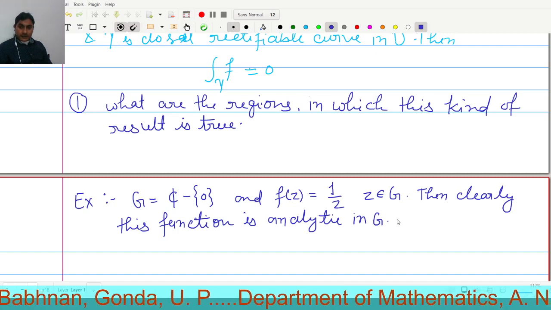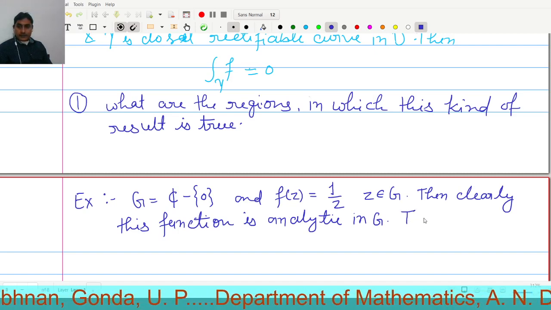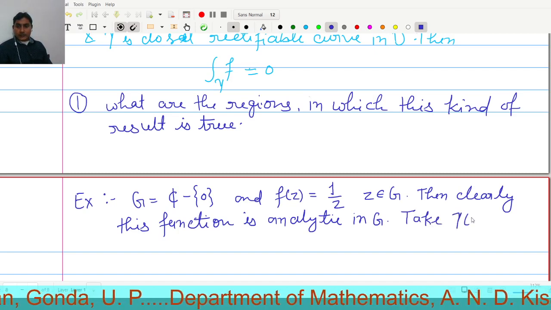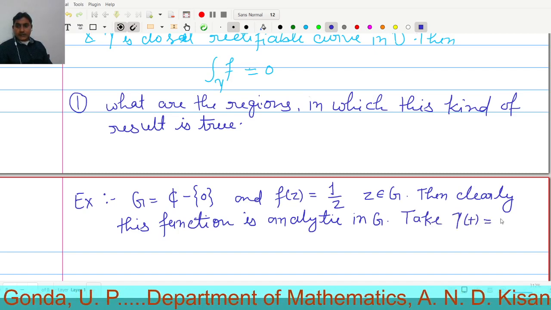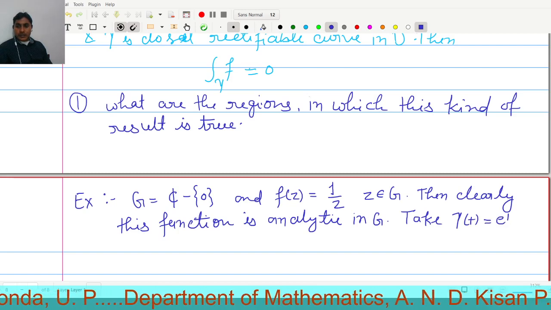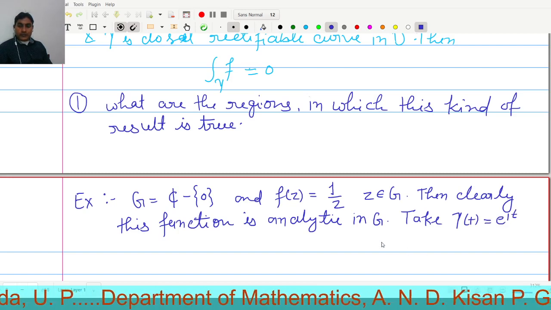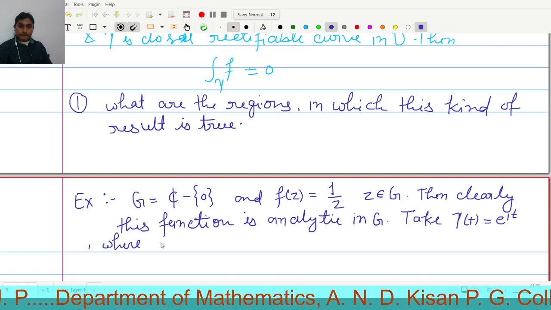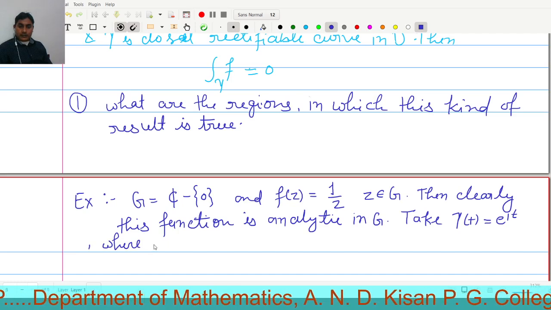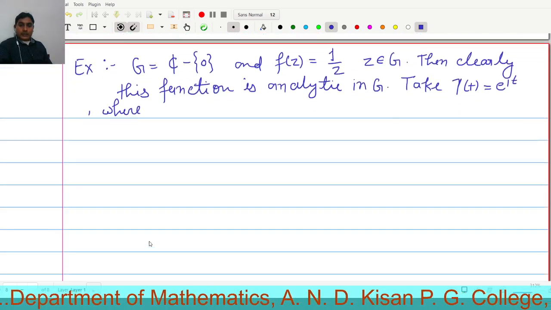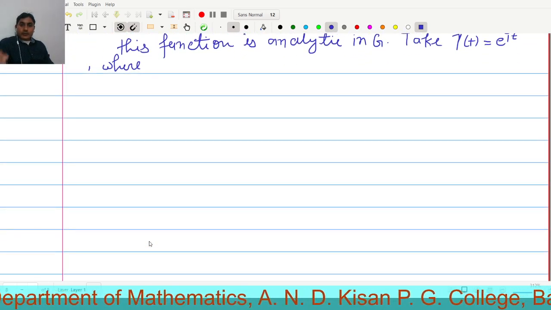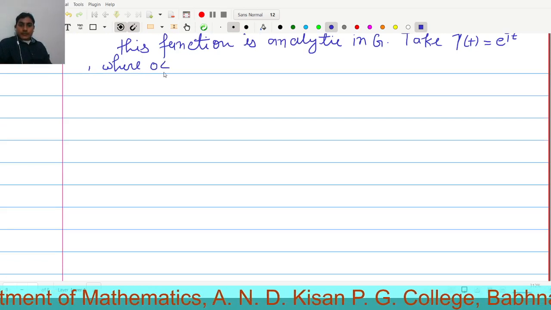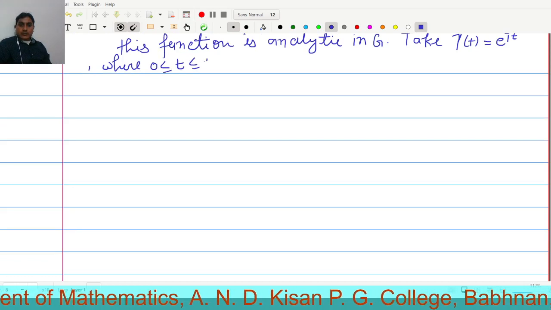and take gamma of t is equal to e to the power it, where 0 is less than or equal to t is less than or equal to 2 pi.